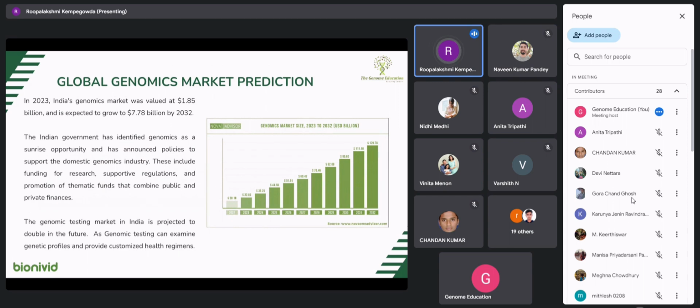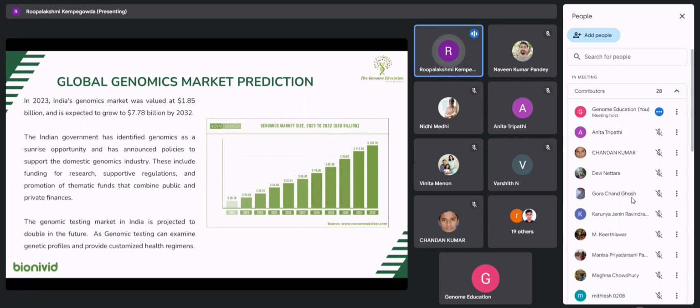So this was an article in the paper, and also on one of the websites, Nova Advisor. You can see in 2023 the Indian market is 1.8 billion, and it is expected to grow to 7.8 billion in 2032. There was also an article in The Hindu in 2023 about Indian genomics, how it is growing and how the government is helping.